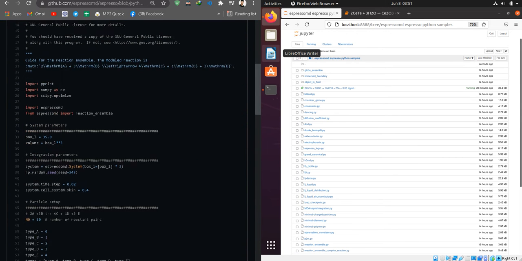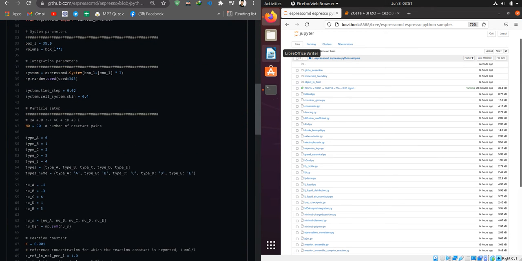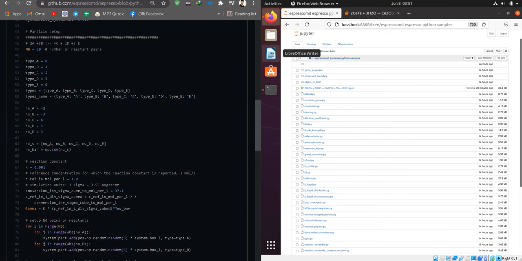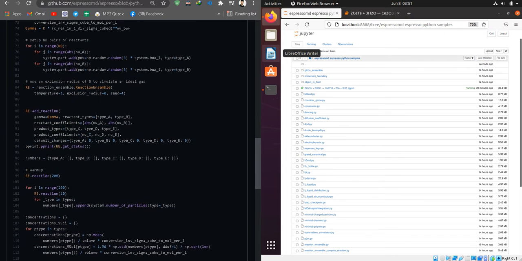You can see here type A, B, C, D, E reactions of this type, but these had no charges, like all of the species are neutral, 0, 0, 0, 0.